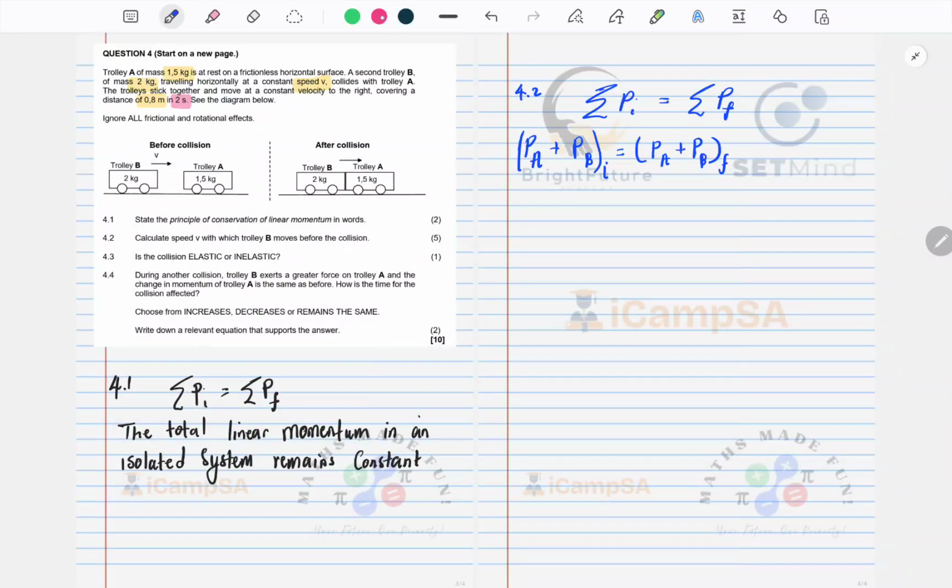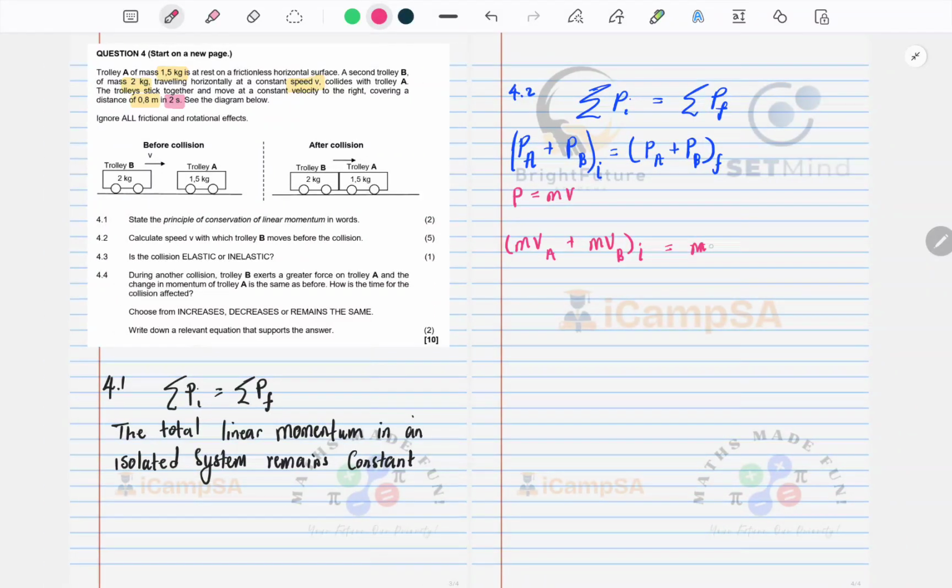So in a simple way, we know that P is equal to mv. We know this, right? So that means we're going to have mv for A plus mv for B, which is initial, and then mv A plus mv B. This is all final, right?